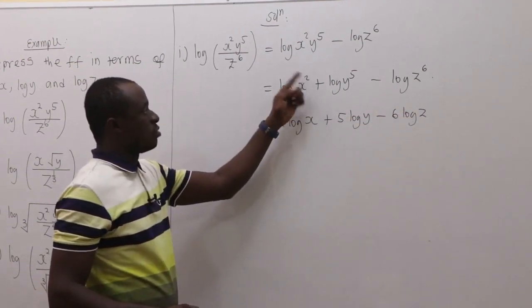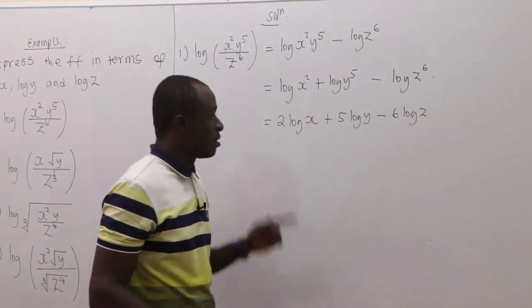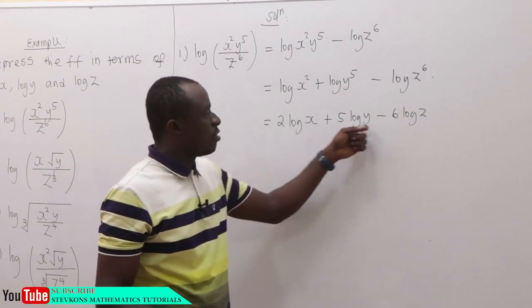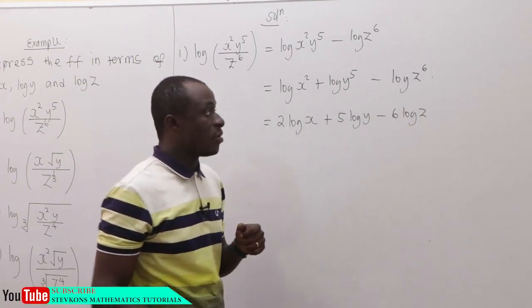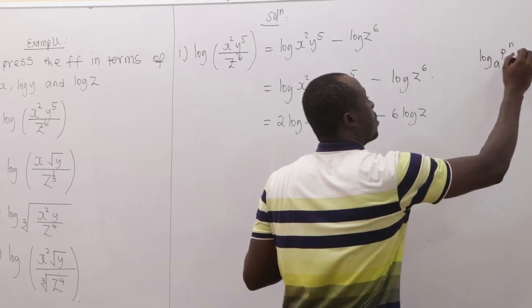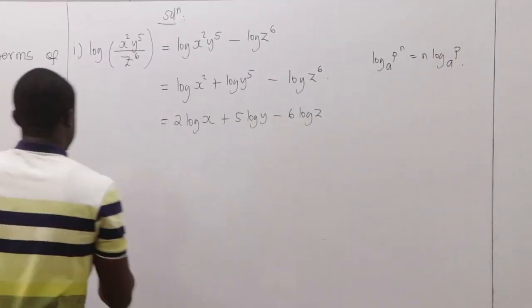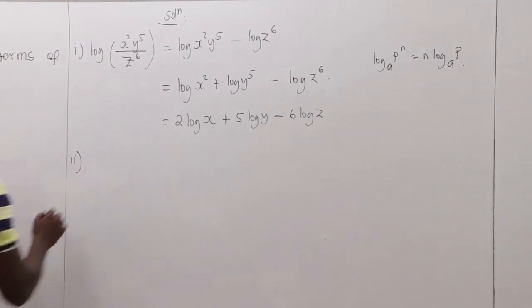You know that the 2 will come down, the 5 will come down, and then the 6 would also come down. Now here it's in terms of log x, log y, and then log z. Why? We know that if you have log a p to the power n, this is just n log a p.